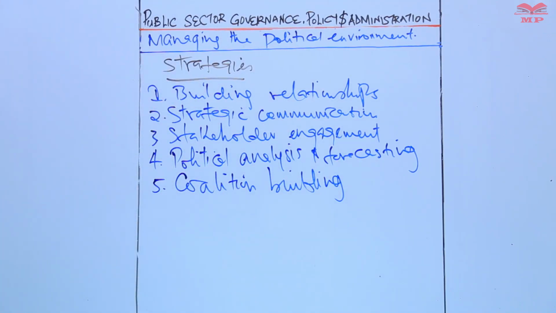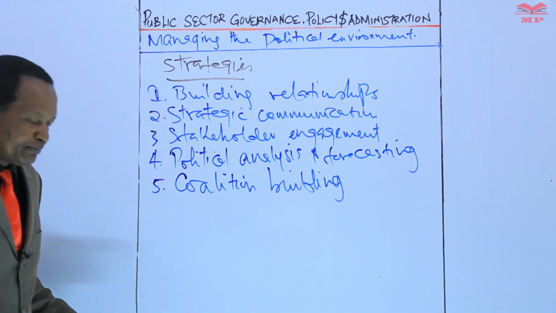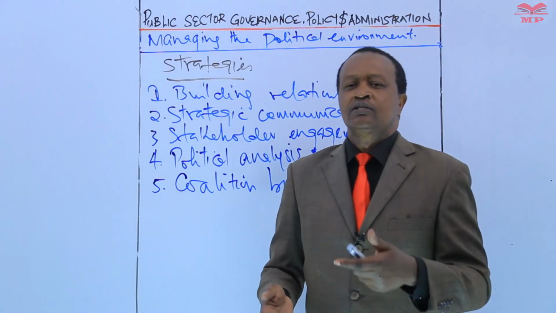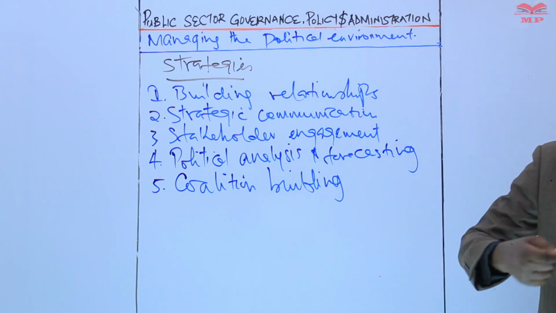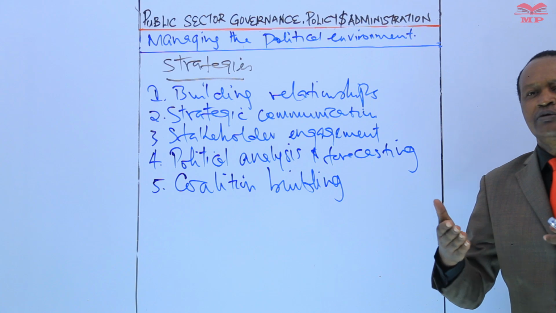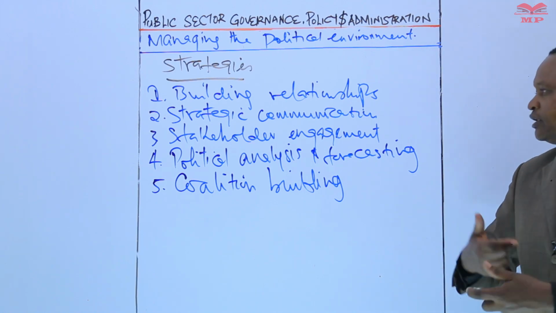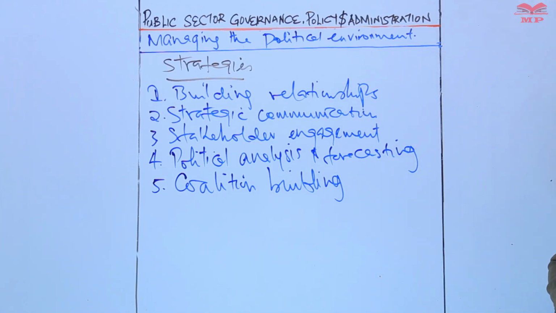Coalition building is another strategy. That is to say, forming partnerships, forming alliances, forming coalitions with other political actors who share similar goals, that can be effective and who can help the public administrator to manage the political environment.